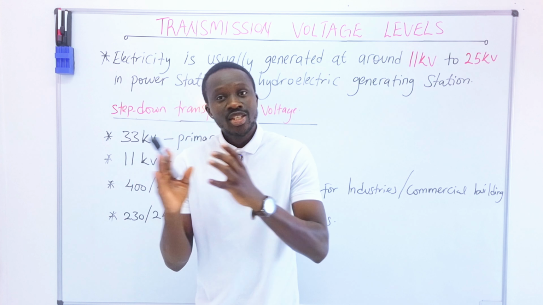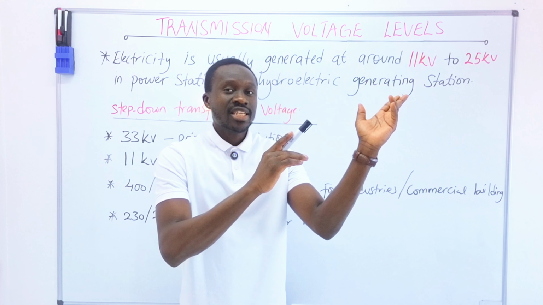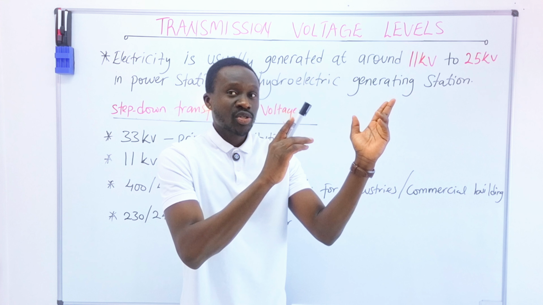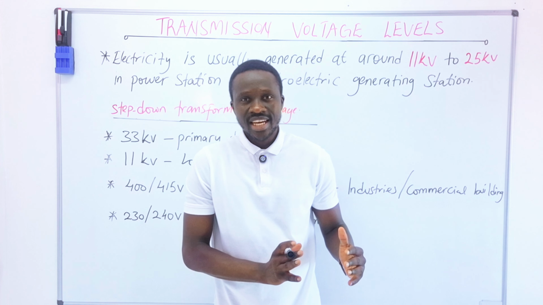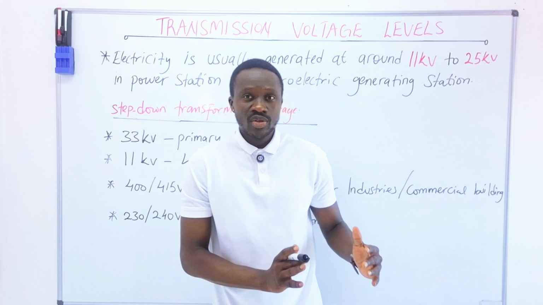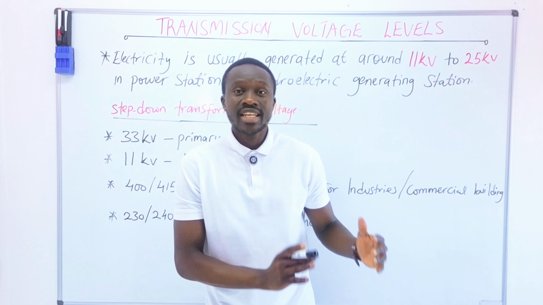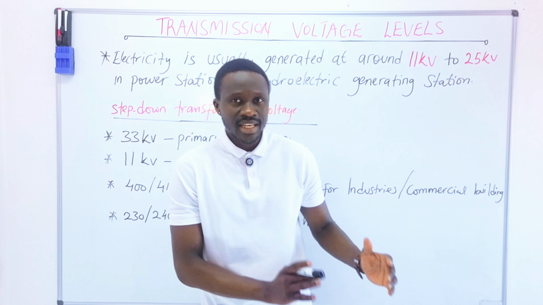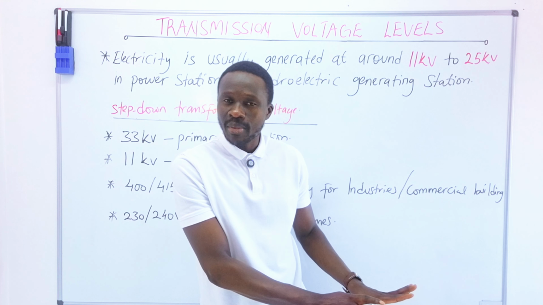Now after generating, we have transmitted on the transmission lines with high voltages. Now it comes to the western side of the country, to one of the districts, and it reaches the substation. It is a substation where we find the step-down transformer.